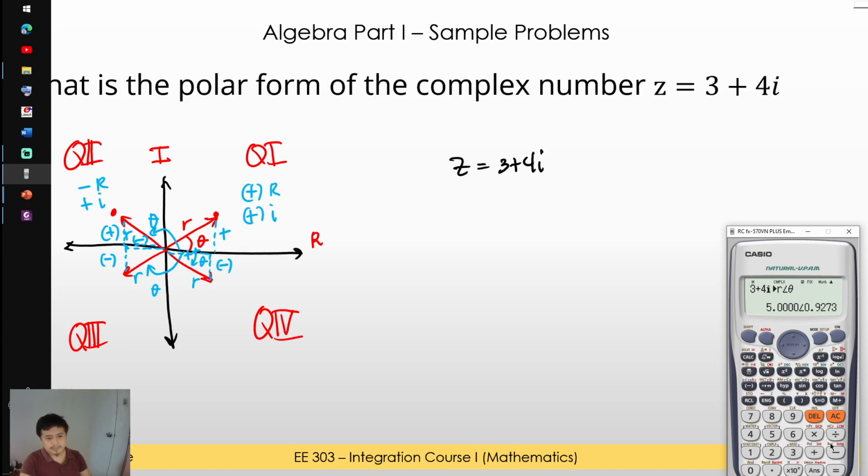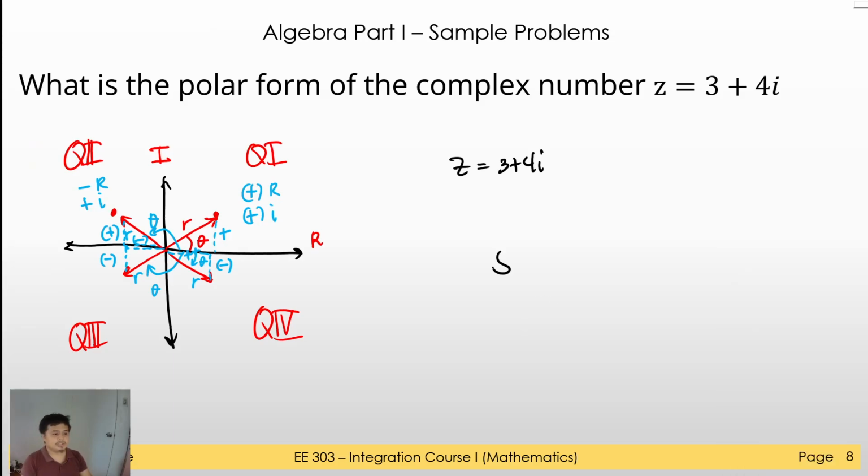So the polar form of this complex number will be 5 and 0.9273 in radians. But if you want this in degrees, we just change the angle into degrees. So we have 5 and 53.13. So the answer should be 5 and 53.13 degrees.